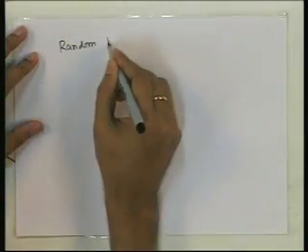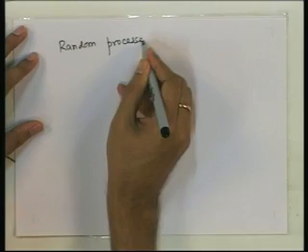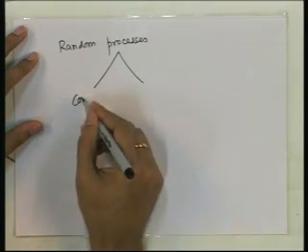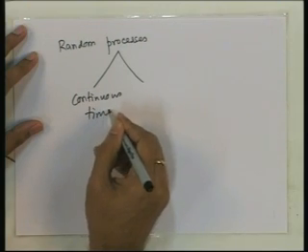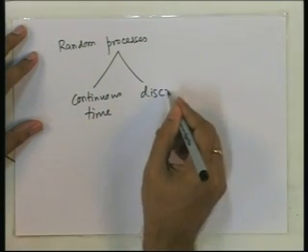So, we have random processes that are continuous time or discrete time.